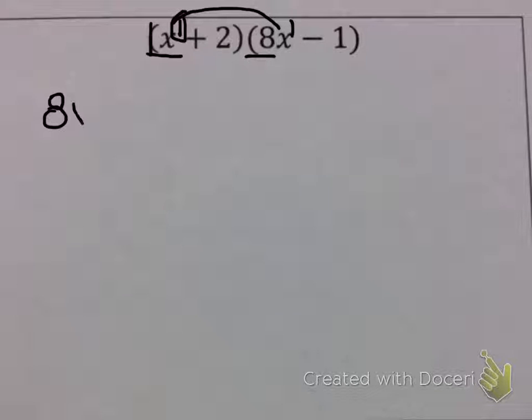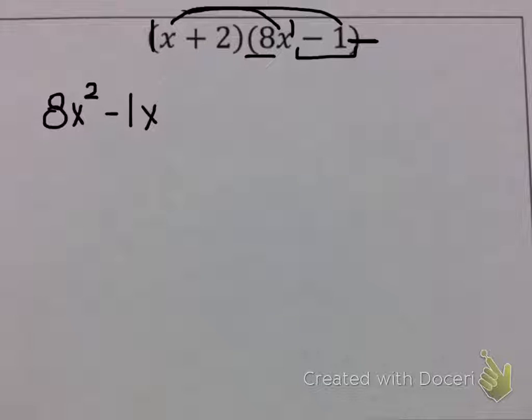So we're going to have an x squared, and then we're going to distribute this x to this negative 1. You got to keep this negative out in front of it. So take the front numbers, so 1 times a negative 1 is a negative 1, and then we're just going to pretend that there's a 1 behind it, and we're going to get x at the end.